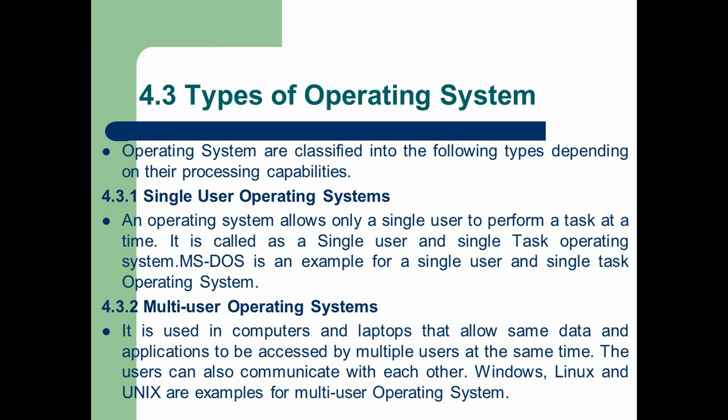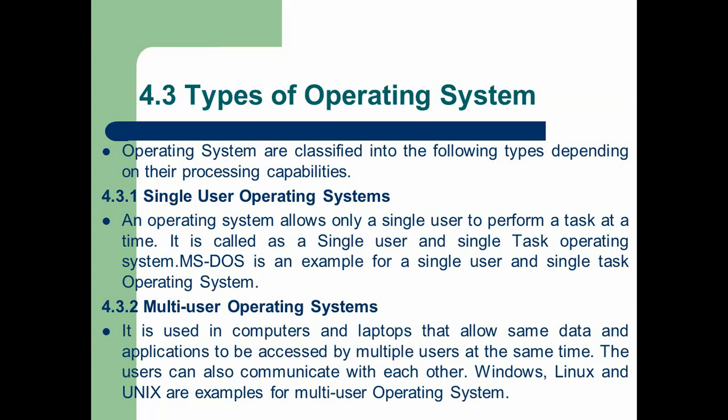Whereas in a multi-user operating system, many users, it may be n number of users, can access a single operating system at a time, concurrently and simultaneously. That type of operating system is called a multi-user operating system. Here MS-DOS, Microsoft Disk Operating System, is an example of a single user operating system.